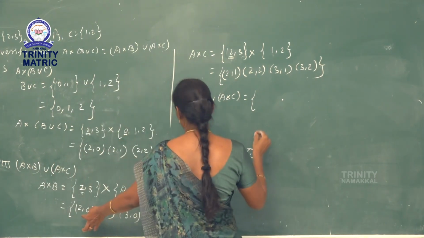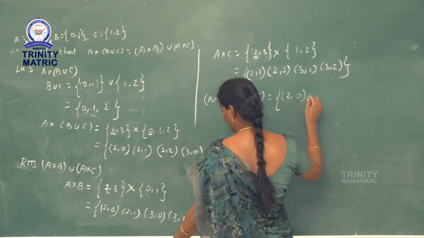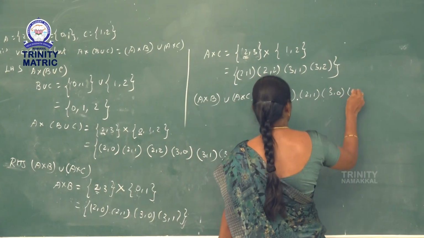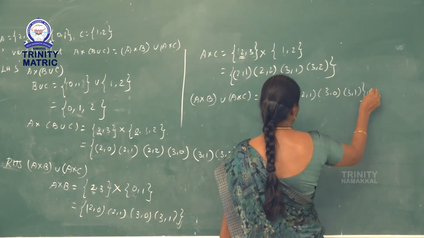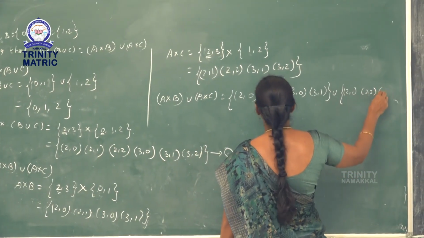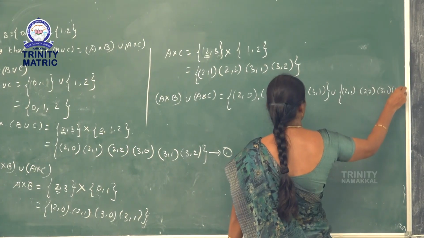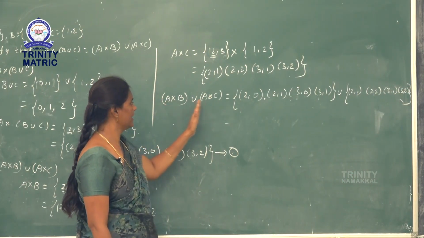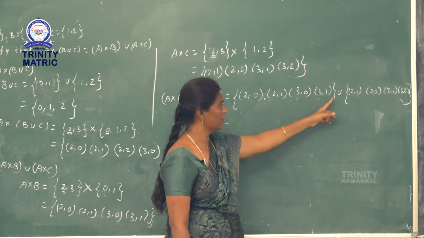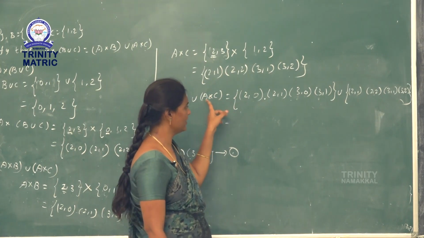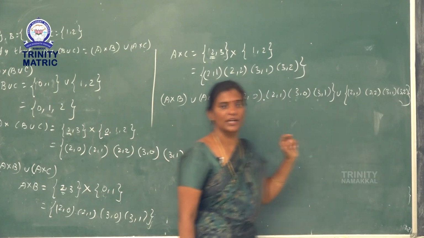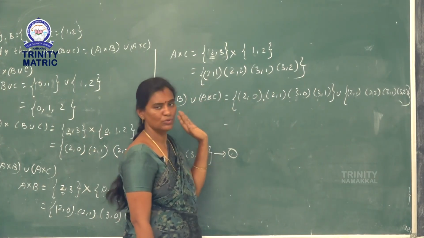Here we already found that A cross B is 2 comma 0, 2 comma 1, 3 comma 0, 3 comma 1, union A cross C, which is 2 comma 1, 2 comma 2, 3 comma 1, 3 comma 2. Now we take the union of these two sets.